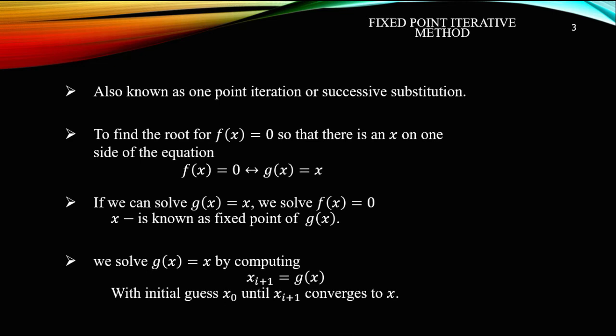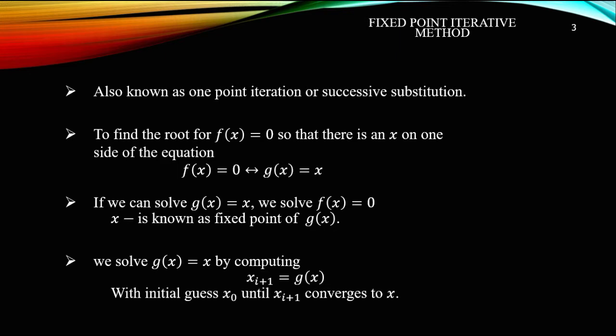We solve g of x is equal to x by computing x i plus 1 is equal to g of x i, and then we substitute different values for i, for i is equal to 1, 2, 3, 4, 5, 6, 7, 8, and so on.